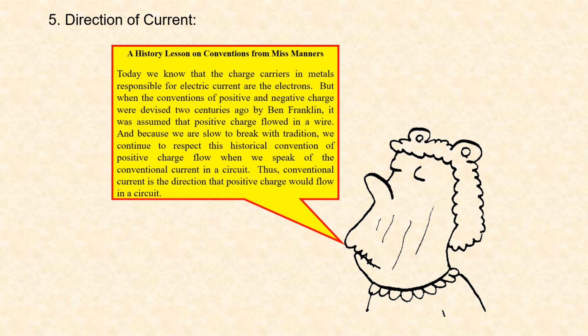Remember that the subatomic particles, that is the proton and the electron, did not exist at that point in time. And because we are slow to break with tradition, we continue to respect this historical convention of positive charge flow when we speak about conventional current in a circuit. Thus, conventional current is, by definition, the direction that positive charge carriers would flow in a circuit.